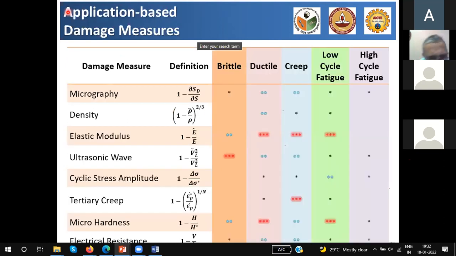So we put together this nice table which talks about places where you have a change in properties, whereas if you took, for example, a change in density, it is more in the form of a change in the matter, or dravya. Whereas when you look at elastic modulus or ultrasonic wave velocities, etc., all these things have been used in the definition of damage, and this is what you find in the literature.